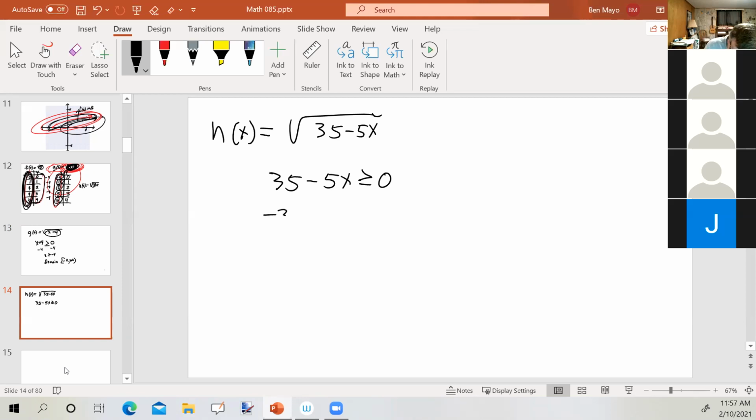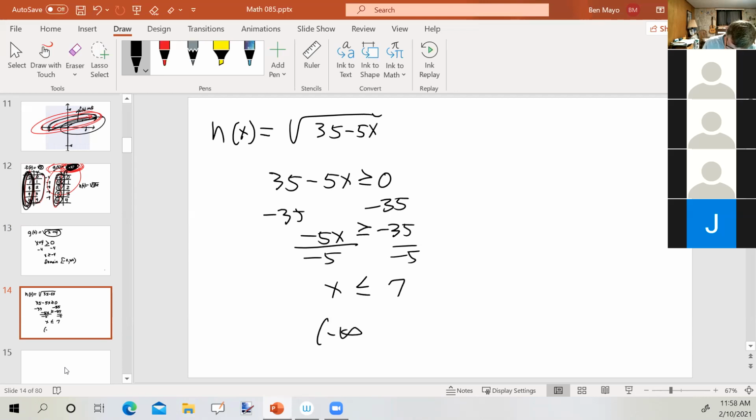Solving this inequality, we subtract 35 from both sides. -5x greater than or equal to -35. Divide both sides by -5. What do we do when we divide both sides of an inequality by a negative number? Anybody remember? You flip the sign. Yeah. So our domain is -infinity up to and including 7. All right.